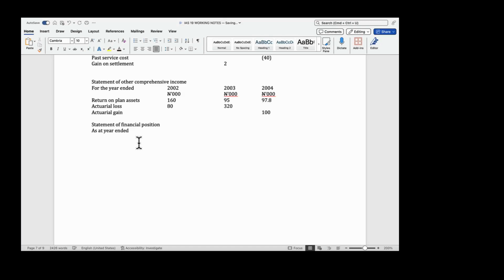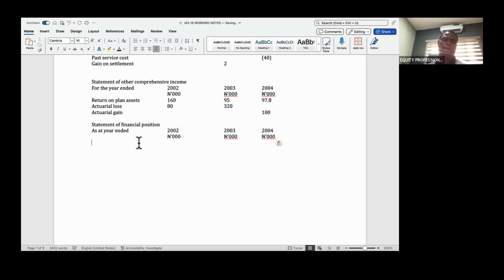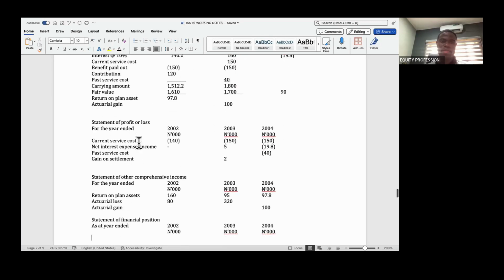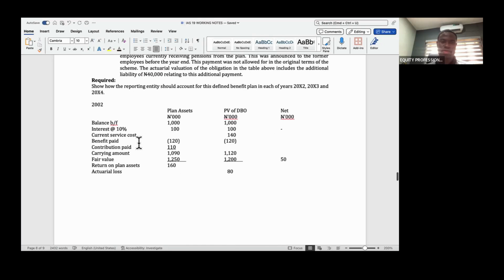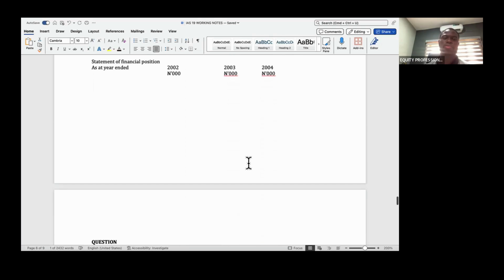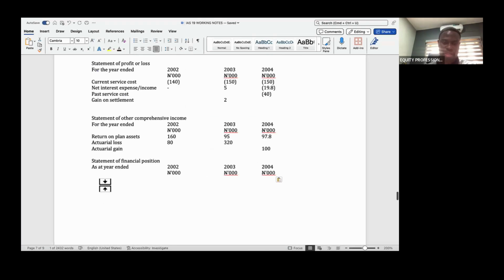Okay. So in 2002, the asset was higher. So we actually have a net defined benefit asset or a surplus in 2002. So that will show under my non-current assets.